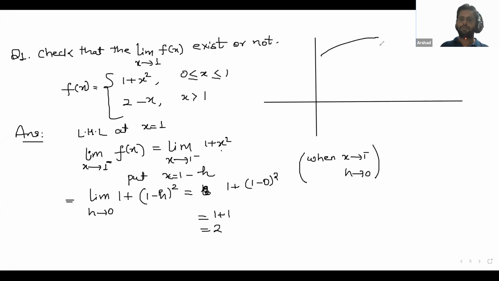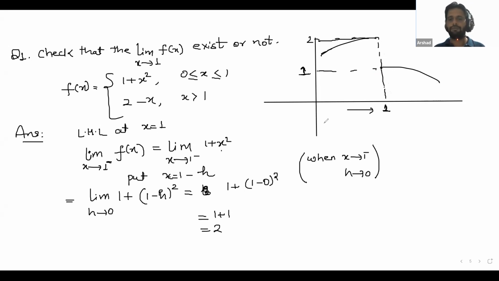So the graph is like this. Let this be 2 and let this be 1. If we are approaching this point from the left side, the function approaches 2. If we approach from the right side, the function approaches 1. So the limits are different, LHL and RHL are different. That's why we say the limit does not exist.